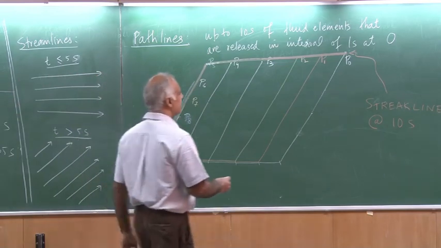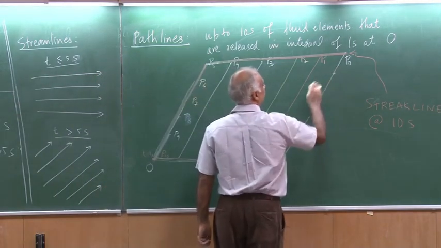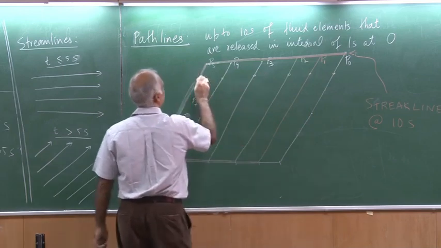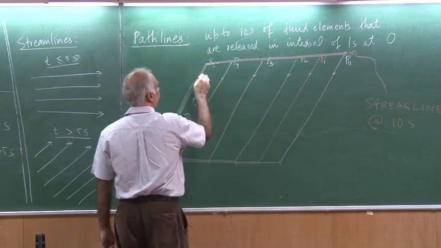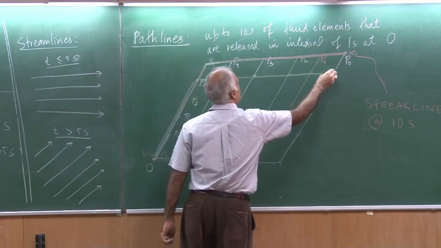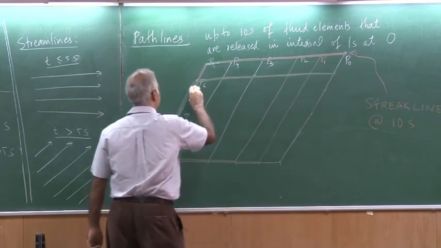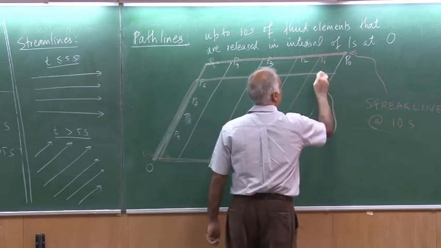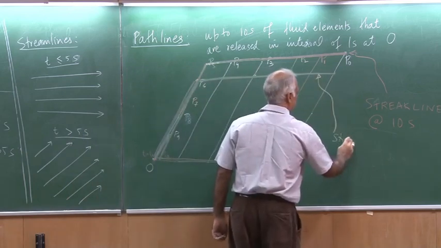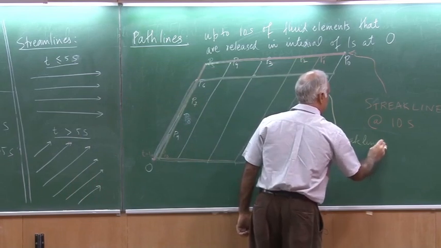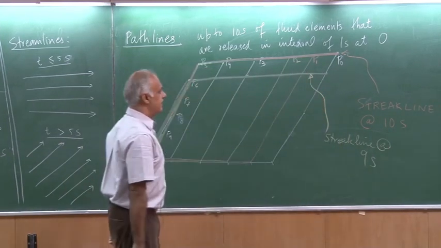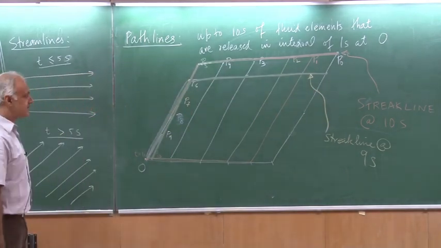At 9 seconds, this particle would have been here, this one was here, this one was here, and you would get actually this. This is your streak line at 9 seconds, and so on and so forth.